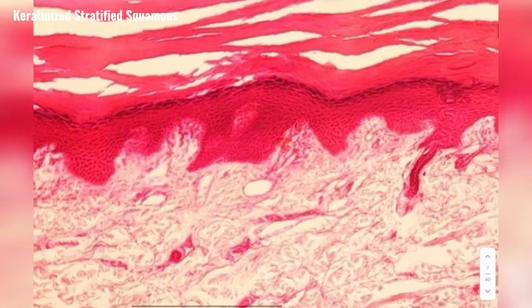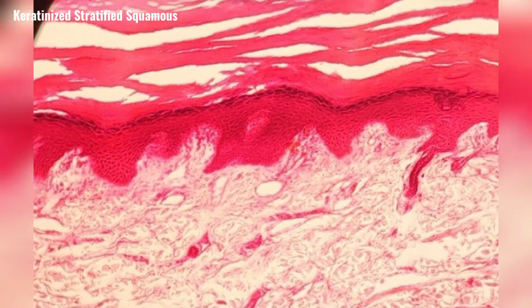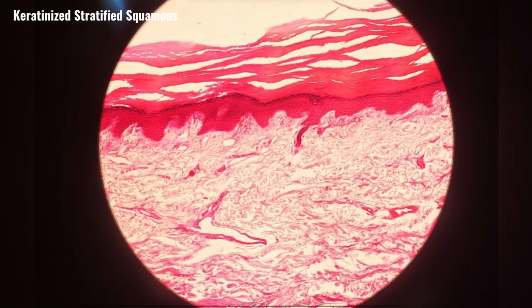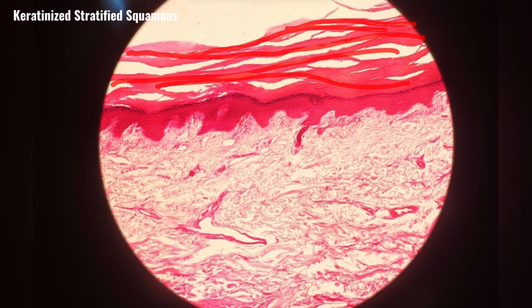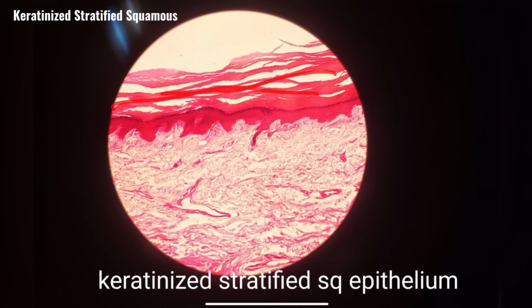Again, the same features. You can find cells in multiple layers, but then the topmost cells are flat. Covering the epithelium, you can find this highly stained, branched, lamellated deposition of keratin. So if this highly stained, branched lamella of keratin is present on top of the epithelium, it is keratinized.